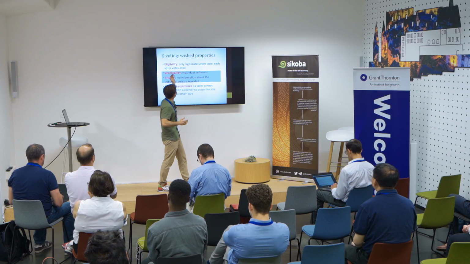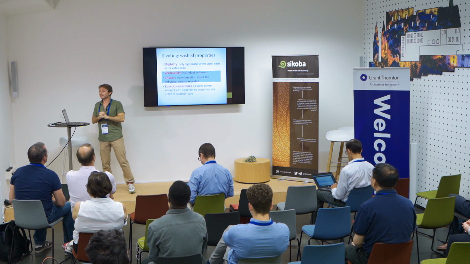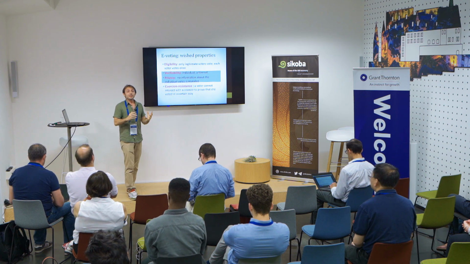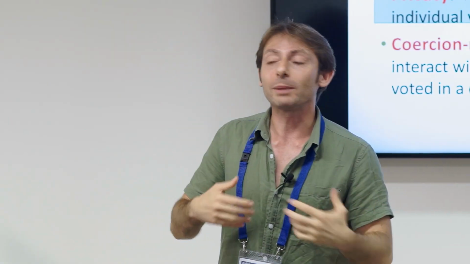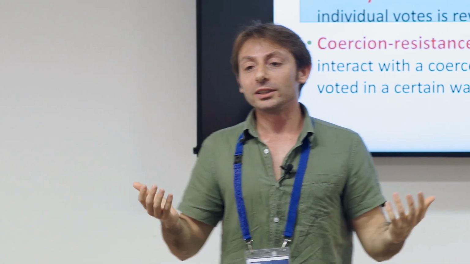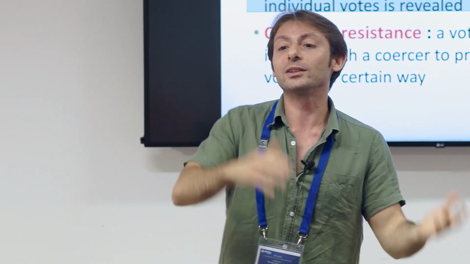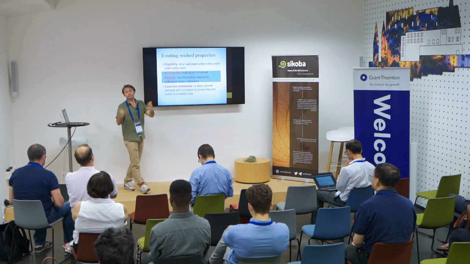And then there is verifiability. What is verifiability? Verifiability says that essentially there should be no possibility to subvert the result of the election. Think in this way: the authorities should not be able to claim that the result of the referendum was a victory for yes when the victory was for no, or vice versa.